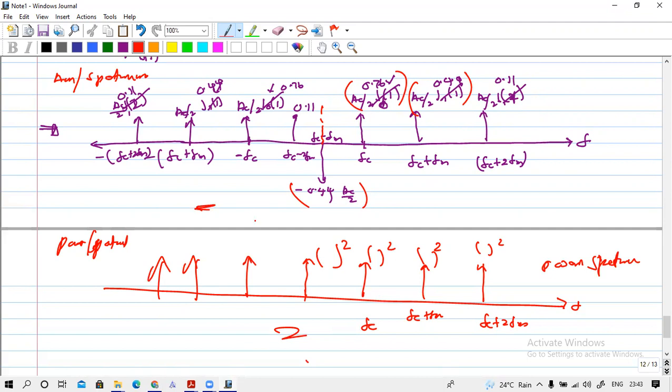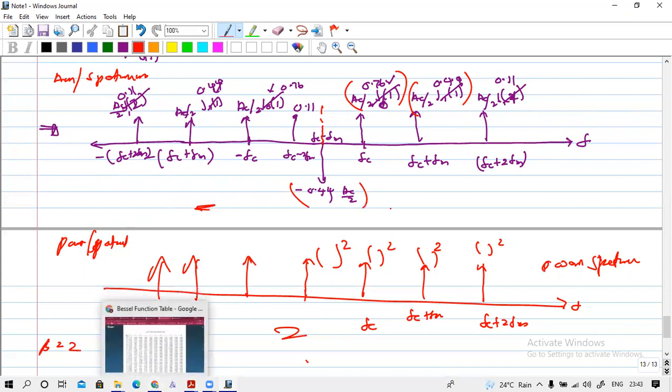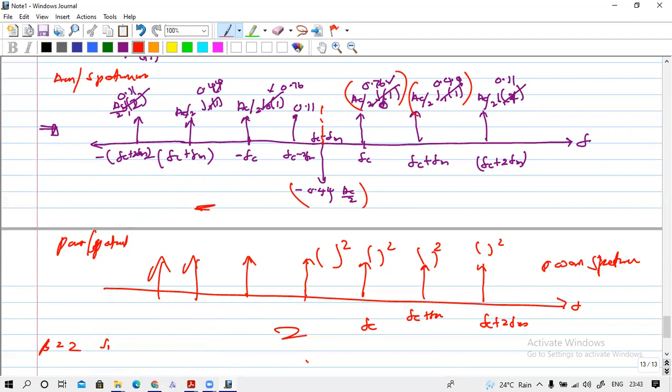Okay, so the next one you have to do for beta equal to 2. Then you have to find the coefficients J0(2), J1(2), J2(2), J3(2), J minus 1(2), J minus 2(2), and so on.